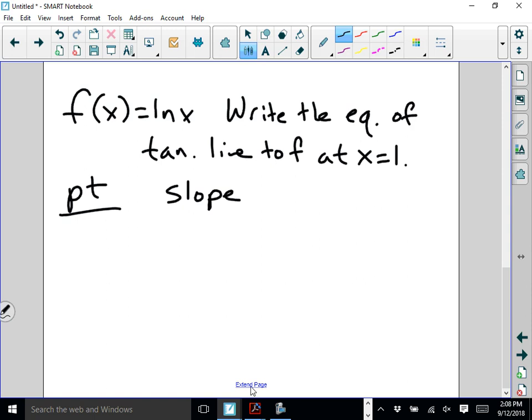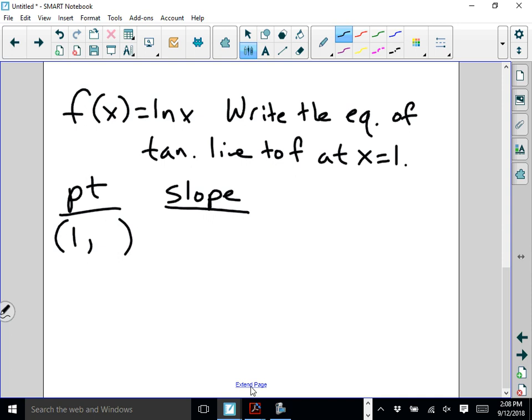Well, we already know part of our point. We know the x part of the point is 1. What is the y part of the point? Well, to figure out the y part, we just want to plug 1 into our function, ln x here. So when I plug in 1 for x, I get the natural log of 1.